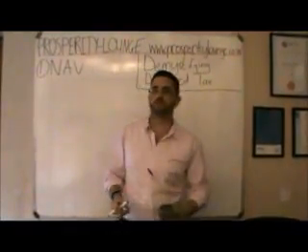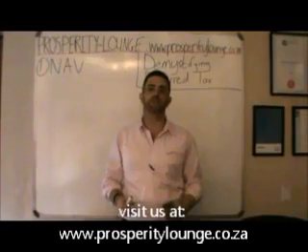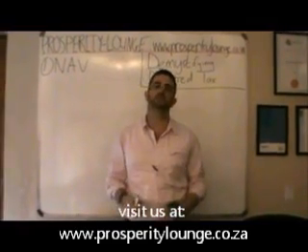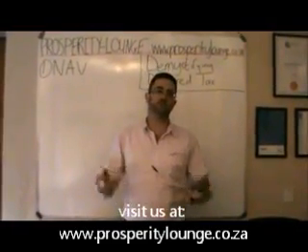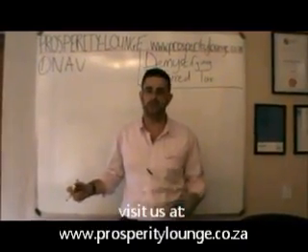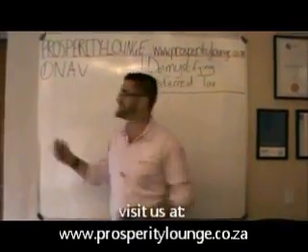Let's assume a person invests 100,000 Rand in the business and uses that to buy a machine. We now have a business with a machine, let's call it a shoemaking machine. Our business looks in essence like this.